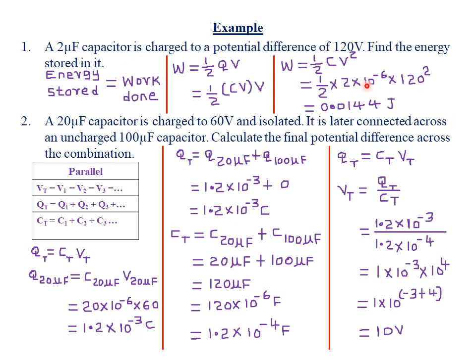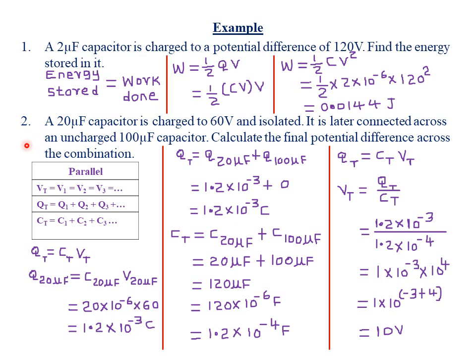That is to convert it into the SI unit, which is the farad. Then of course times V squared, we are given the potential difference as 120. So times 120 squared. If you compute that, you will simply get 0.0144 joules. So that is our energy that was stored in that particular capacitor.